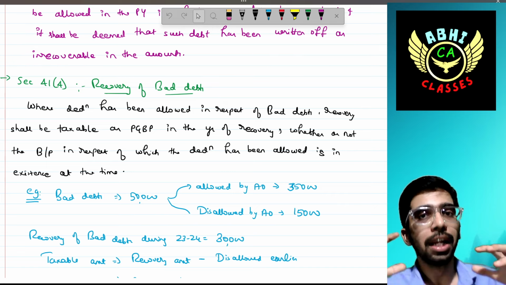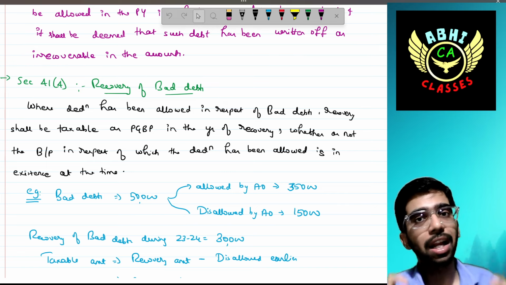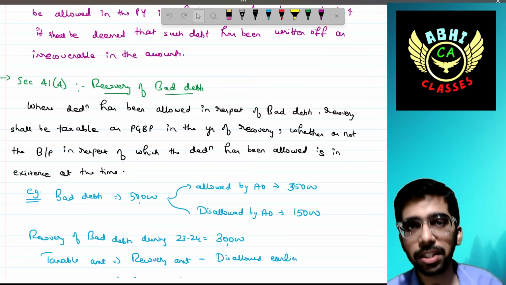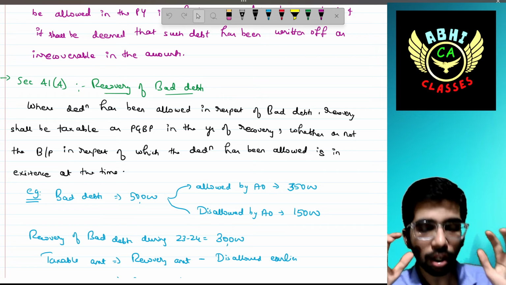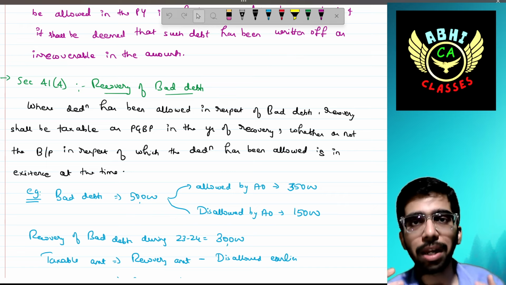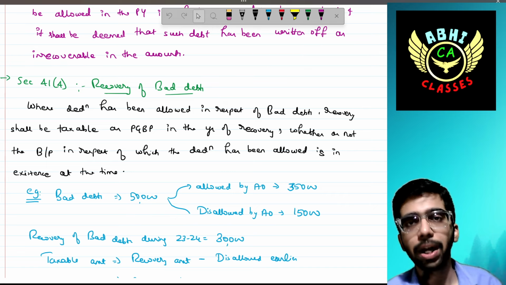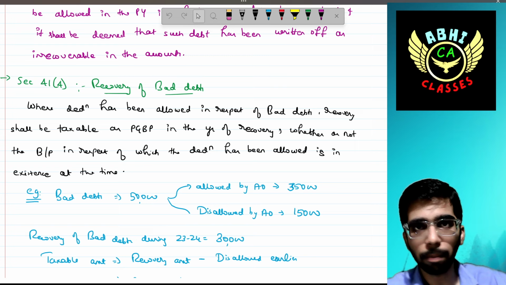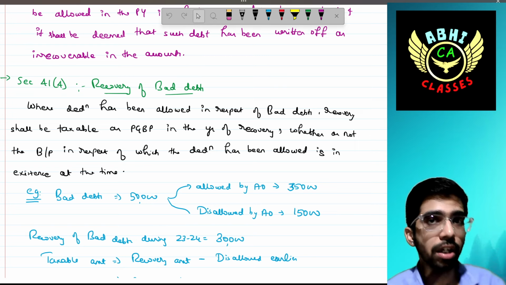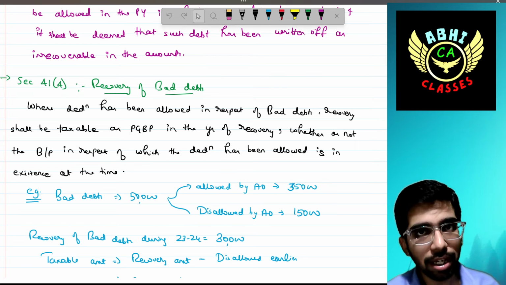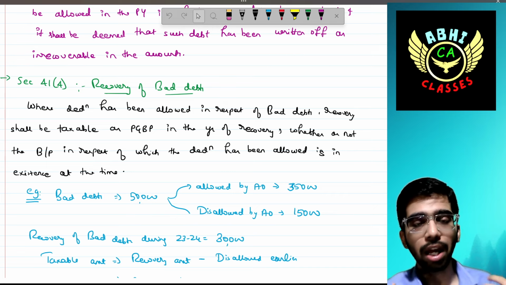For example, in the previous year I have claimed a deduction as bad debt. Let's assume I have sold my business proprietorship to another person. In the next year, that debtor came to me, in a year in which I am not the legal owner, that is 24-25.